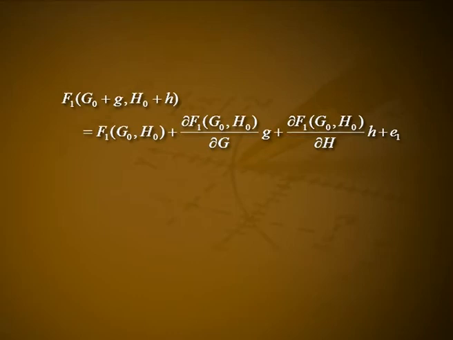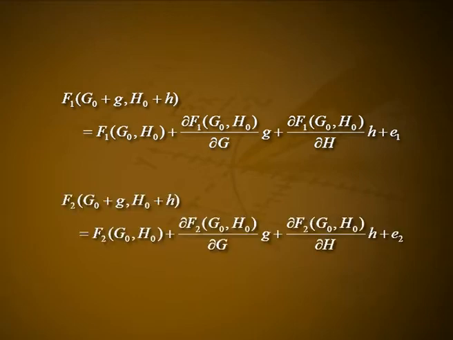Now, observe that f1(G0+g, H0+h) = f1(G0,H0) + ∂f1(G0,H0)/∂G · g + ∂f1(G0,H0)/∂H · h + E1, and f2(G0+g, H0+h) = f2(G0,H0) + ∂f2(G0,H0)/∂G · g + ∂f2(G0,H0)/∂H · h + E2, where E1 and E2 are very small compared to small g and small h.